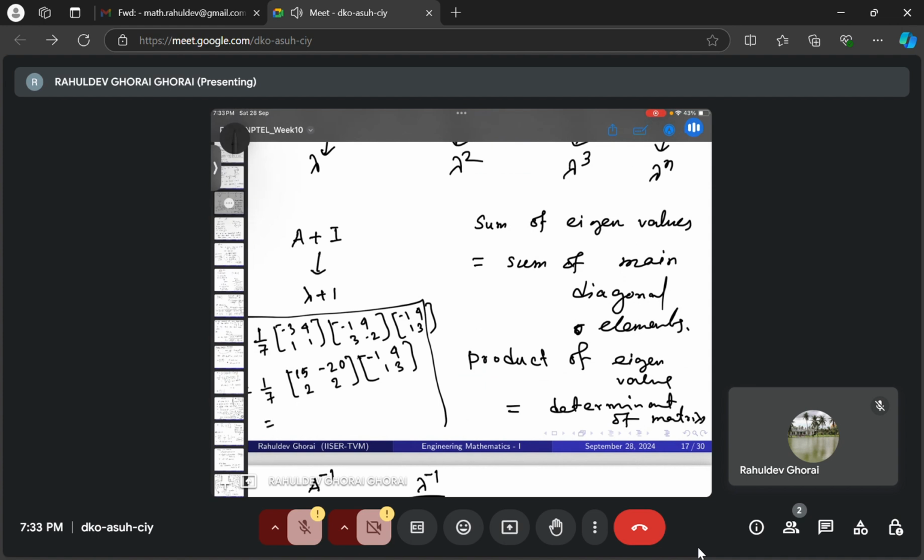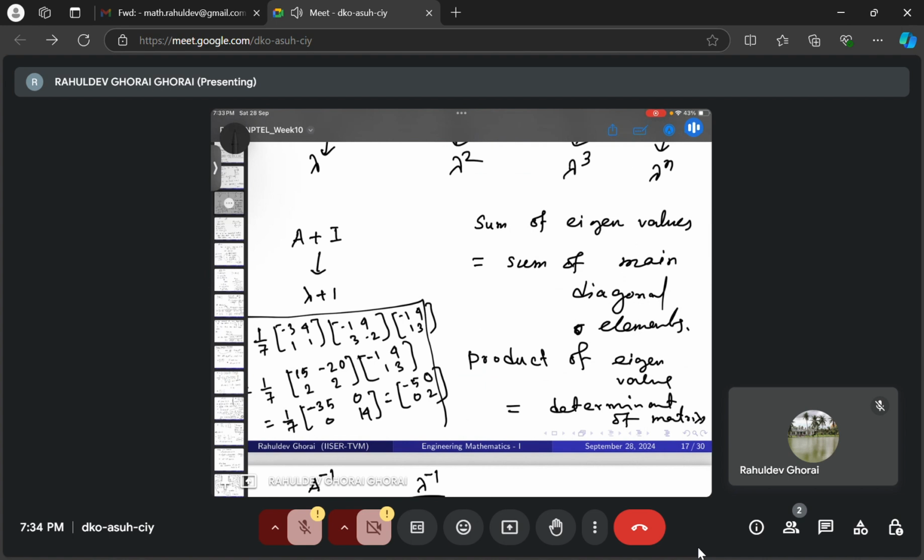That implies 1/7 times [-35, 0; 0, 14], since 60 minus 60 is 0 and 8 plus 6 is 14, which gives you the diagonal matrix [-5, 0; 0, 2]. It becomes diagonal.